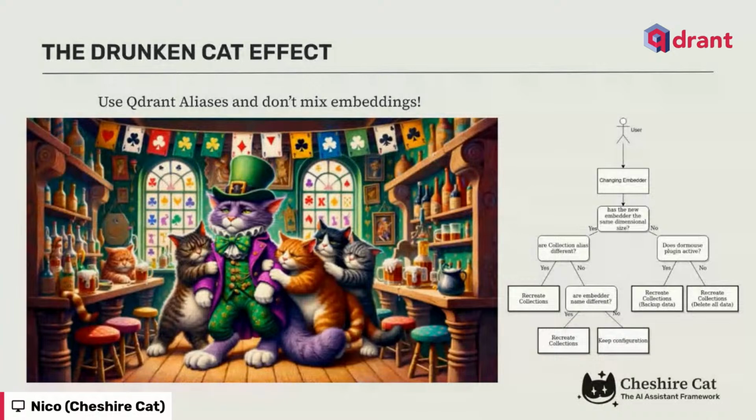If it has the same dimension, we also check the aliases. If the aliases are the same, we don't change anything. Otherwise, we create another collection. And this is the drunken cat effect, the first feature that we use in the cat.